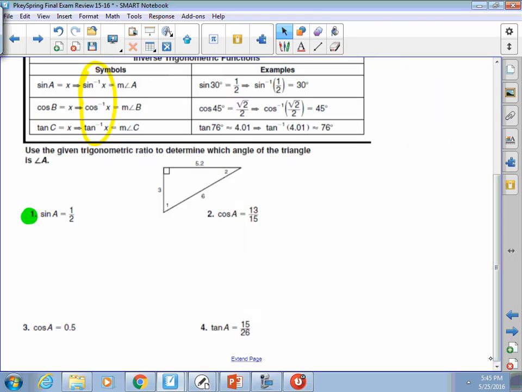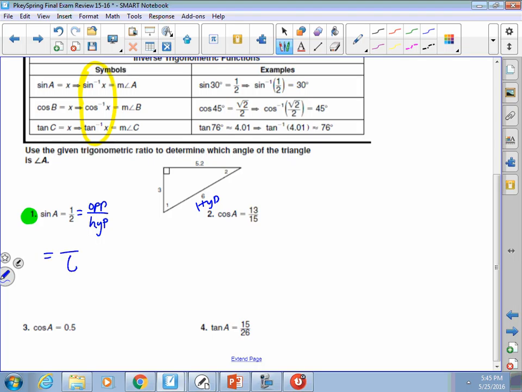So, for example here, because we know the sine means opposite over hypotenuse. And since we're doing sine of, we're trying to figure out which opposite over hypotenuse. Well, we know the hypotenuse is 6. So that would go on the bottom, because that's our hypotenuse.